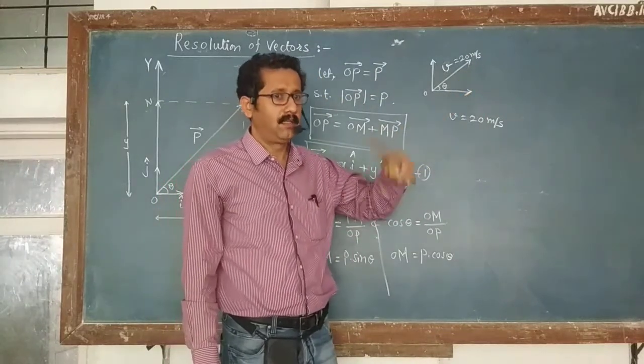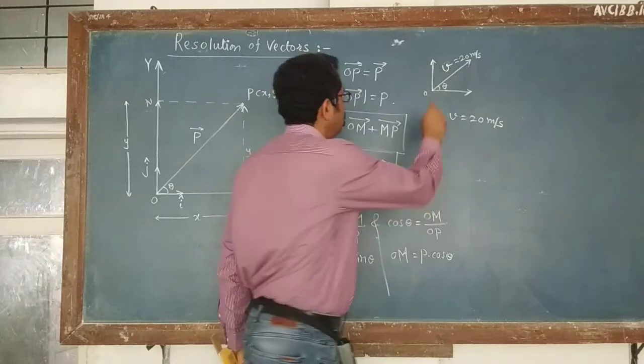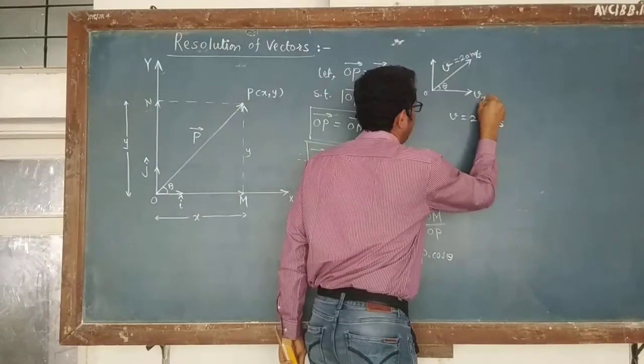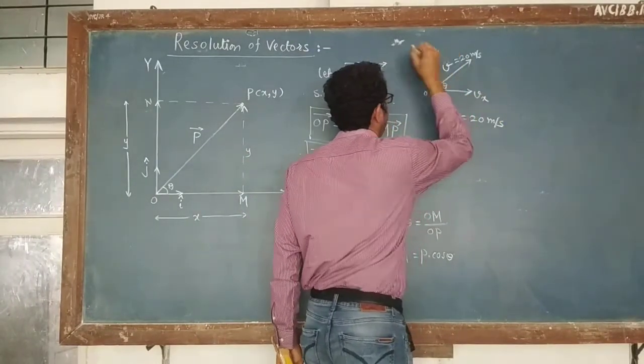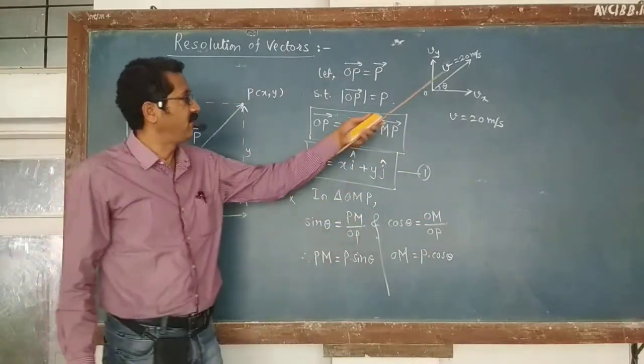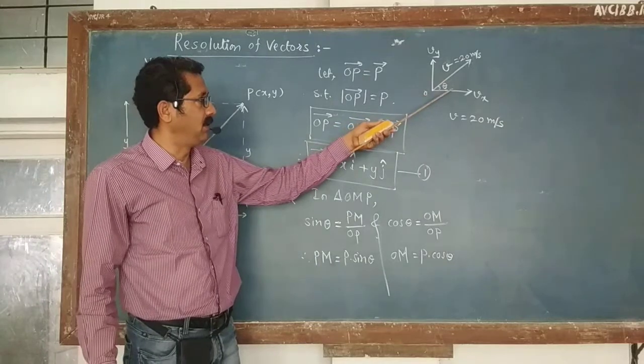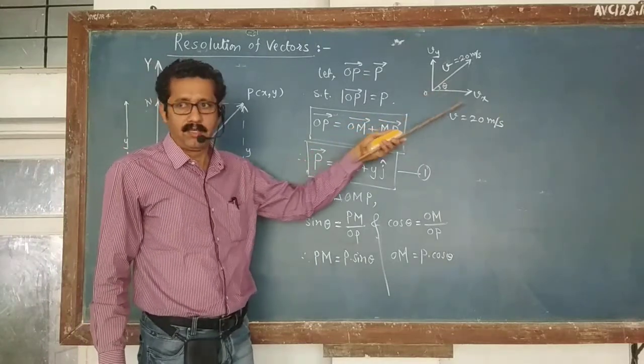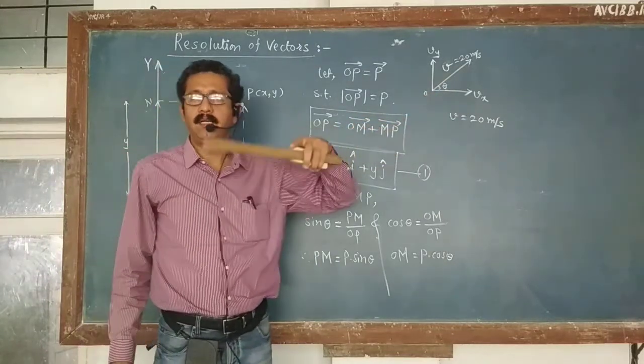Now whether it is right, let me try and see. So this component I will call V along the x-axis, this component I call V along the y-axis, and I already have a formula for them. If theta was the angle made over here, this is its adjacent component, and adjacent means cosine ratio.